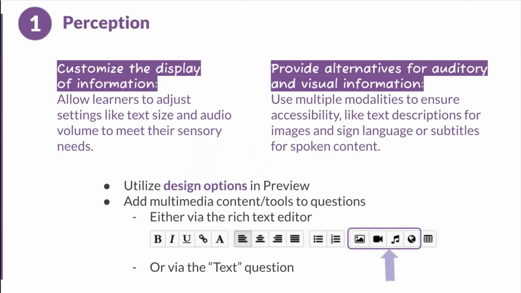So when it comes to perception, what you're looking at is customizing the display of the information. And while we want to, of course, support students' efficacy with this and empower them to adjust settings like text size and audio, to meet their sensory needs, really, a lot of this can be put on your shoulders to customize the design, because you are the professionals, you are the educators, that you can try to best design your widgets in a way that will fit and be automatically displayed for them.